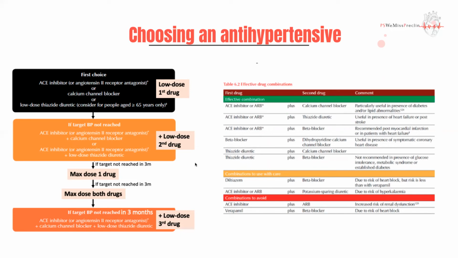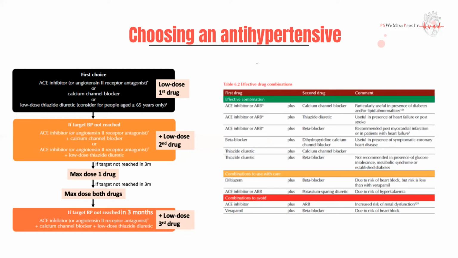The next question is, okay, Karan, now we know that lifestyle changes have not worked and we want to start them on a medication. So the question arises, of the many antihypertensive drug classes that we know of, what do we actually start them on? And the broad classes, for those who might not be familiar, include firstly our ACE inhibitors. We have our ARBs, or angiotensin receptor blockers, which have a quite similar mechanism of action. We then have beta blockers.